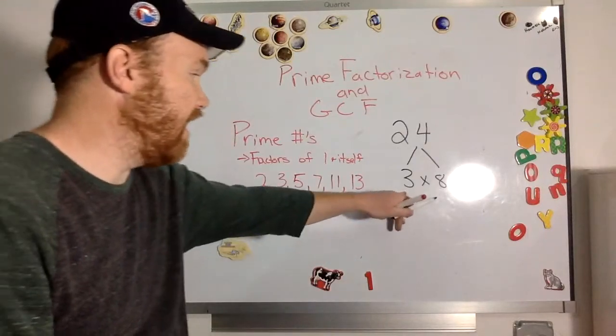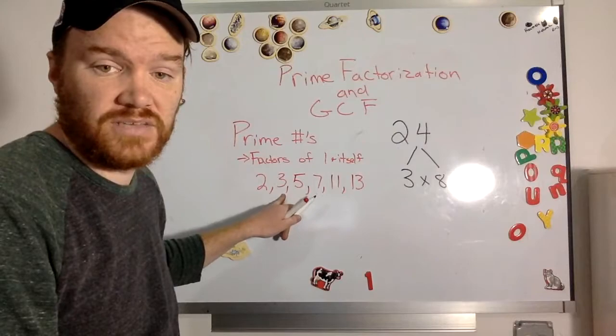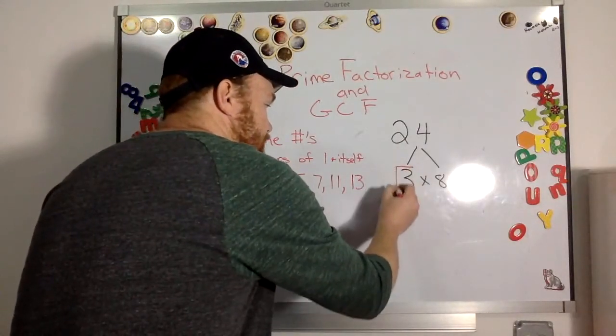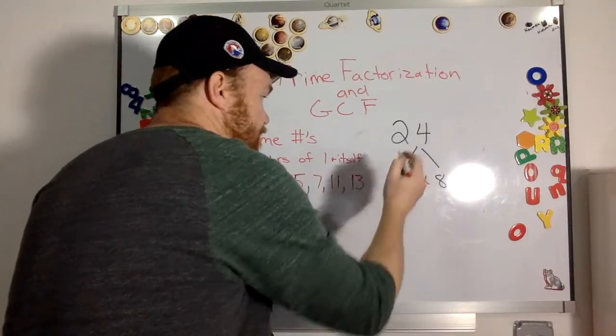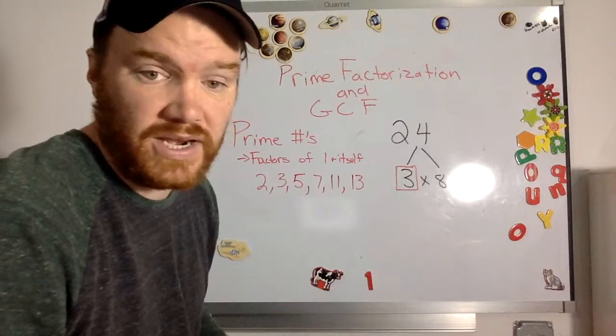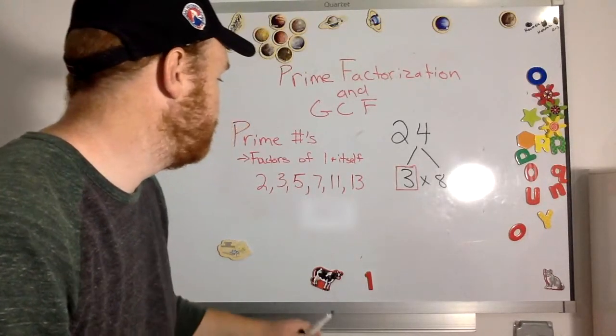Okay. Now, 3 is a prime number. See, it's in my list of prime numbers. So I'm going to stop breaking down 3 because I can't break it down into anything else other than 1 times 3. And I don't want to use 1 times anything in my prime factorization.